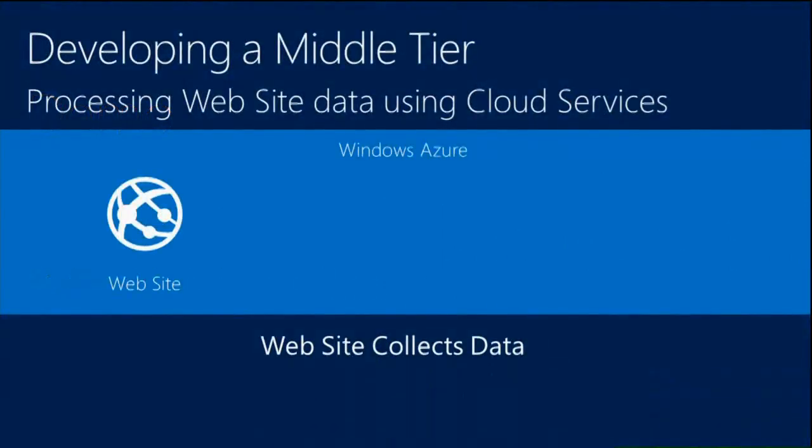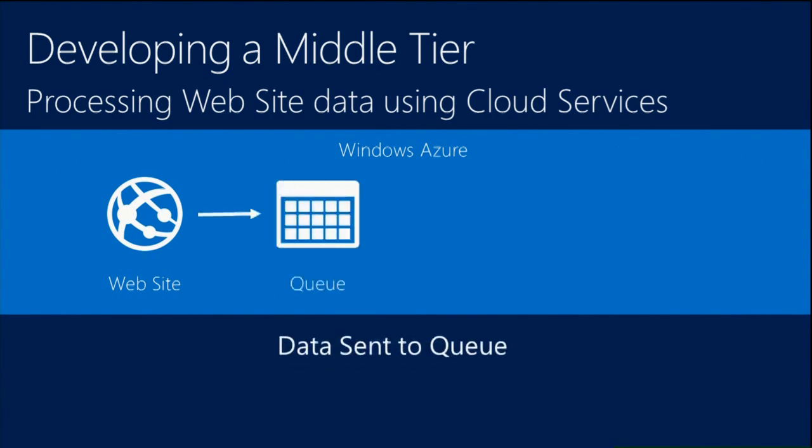So what we're going to introduce in this next demo is a middle tier. Middle tier not in the terms of a pure database, two-tier or three-tier application, but middle tier in terms of the layers which can exist in your application. My website earlier was writing to the SQL database as part of one step. But now I'm introducing this layer called queues, which is an Azure concept.